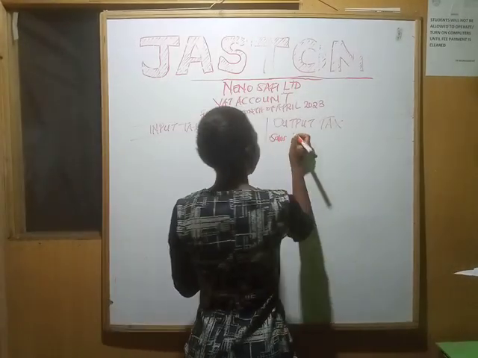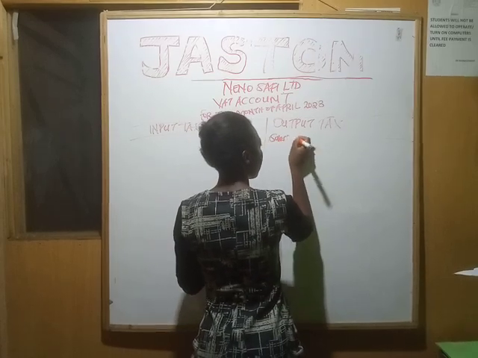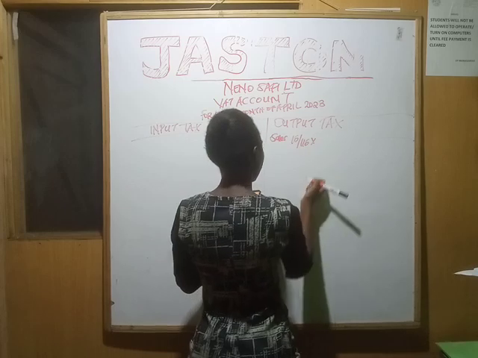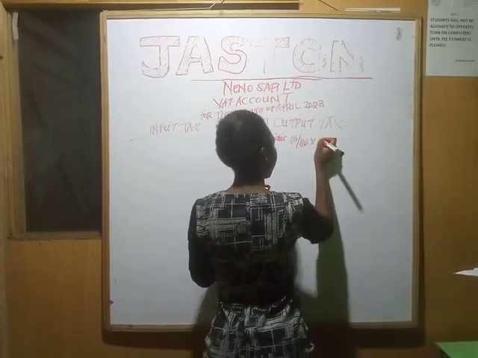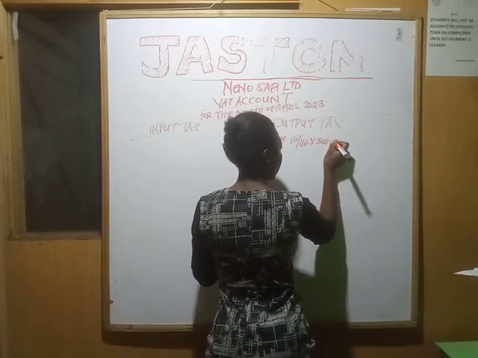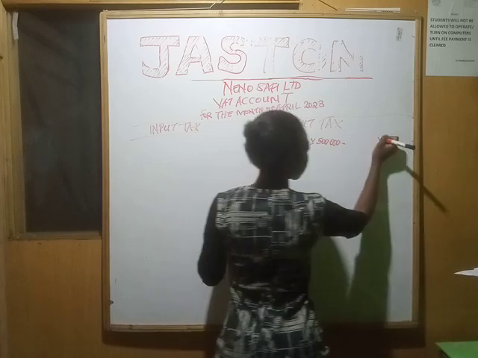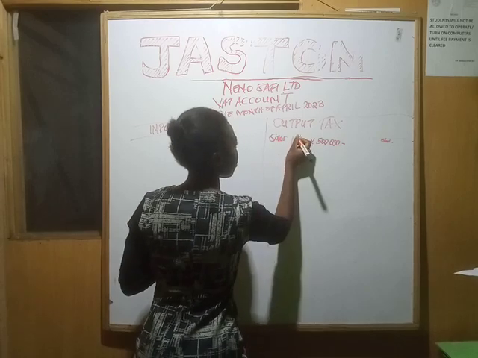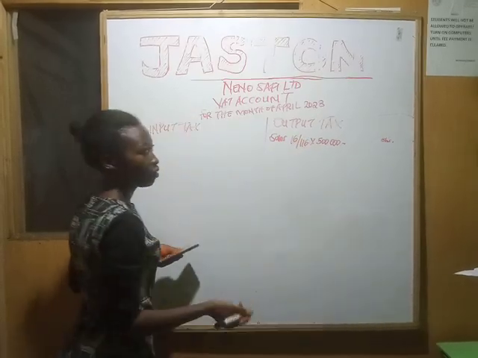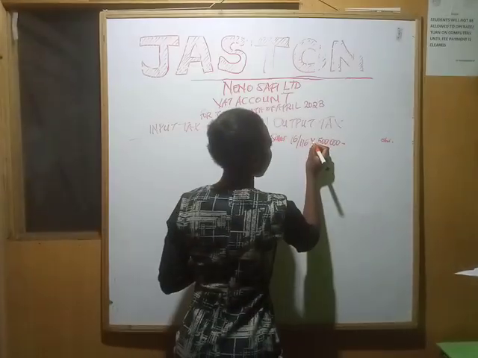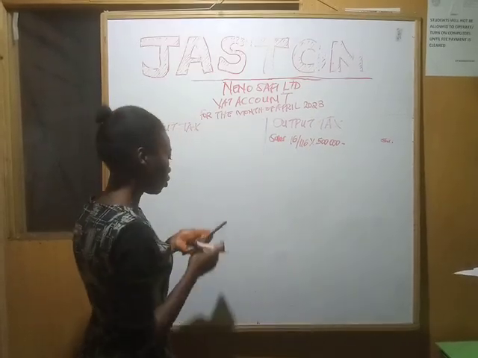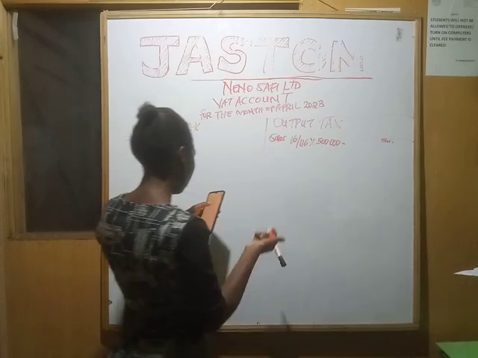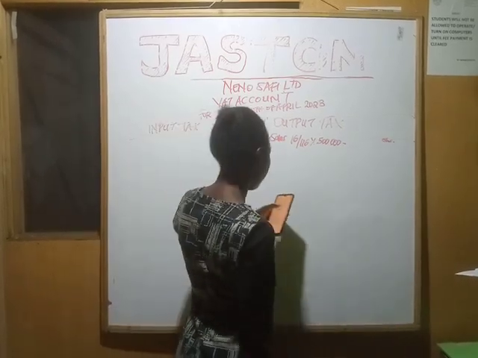Now our VAT is 16%, so we'll take 16 over 116 multiplied by 500,000. My good students, you need to prepare your calculators as you do the question. So we have the sales at 16 over 116 times 500,000.